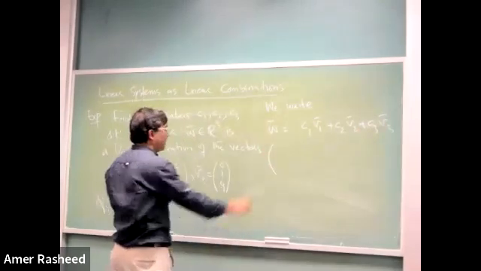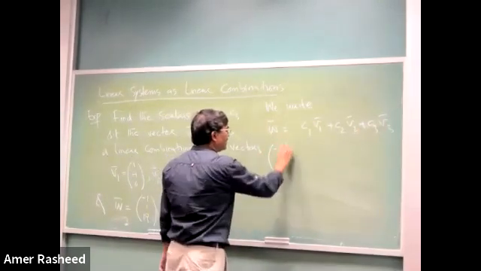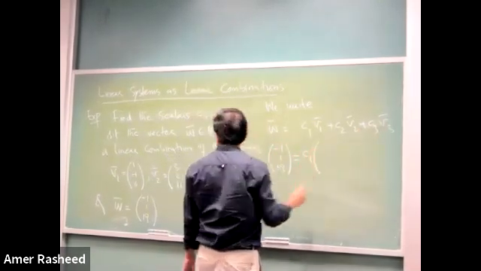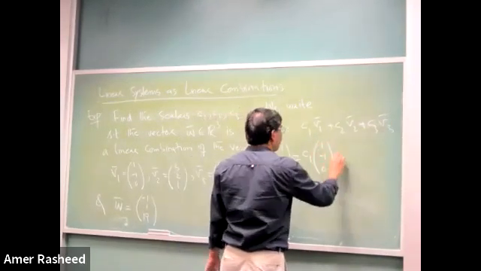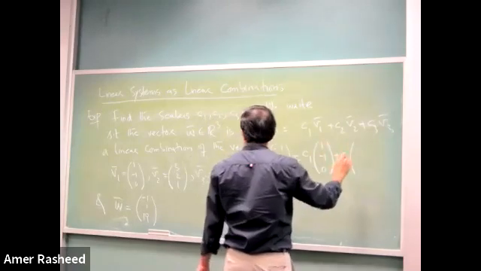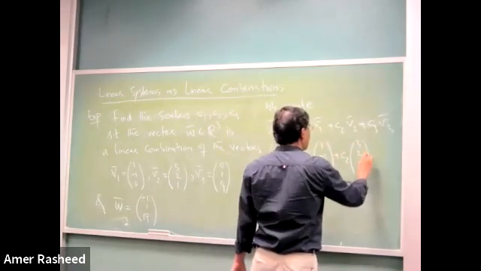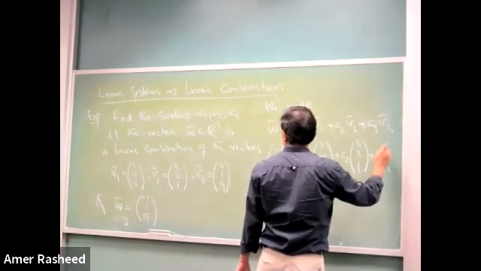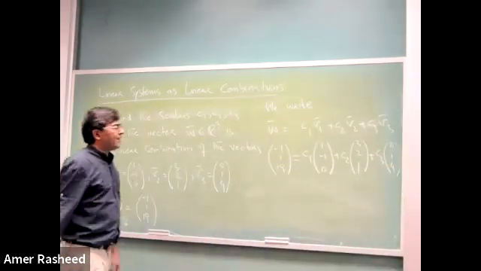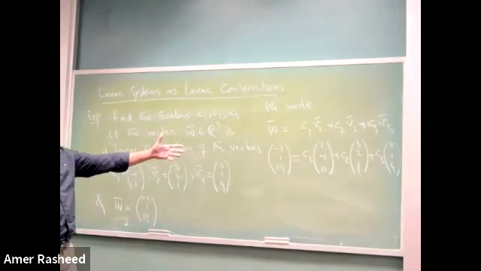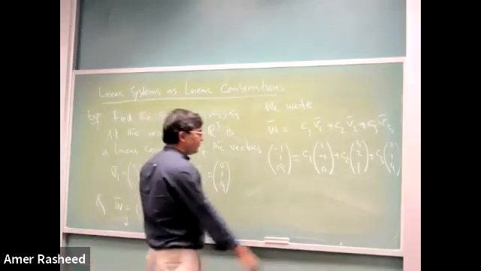W is -1, 1, 19 equals C1, a scalar we have to find, times V1 which is 1, -1, 0, plus C2 times V2 which is 3, 2, 1, plus C3 times 0, 1, 4. Now what is this? This is basically a non-homogeneous linear system.